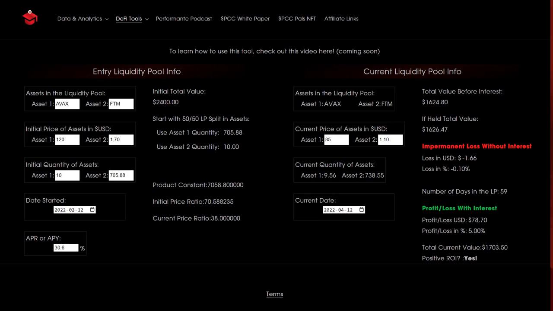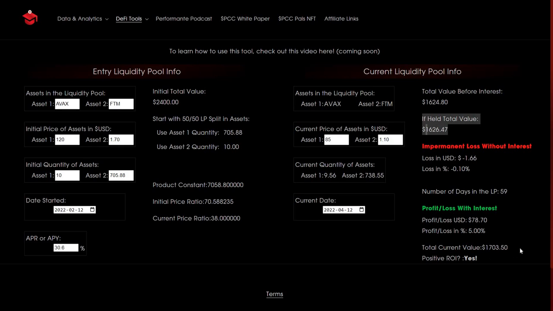And then when you're looking at it as the total current value, what this uses is the value before the auto compounding interest plus what you gained from the auto compounding interest to generate this total current value. And then what it checks is whether this total current value with the interest applied is greater than if you just were to hold it in two separate cold storage wallets.